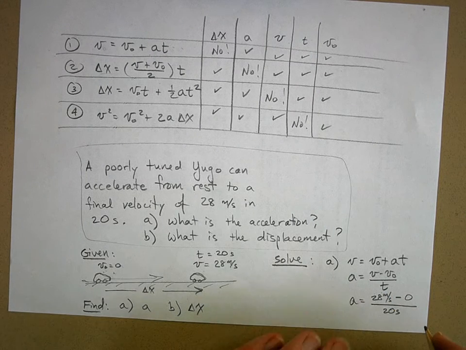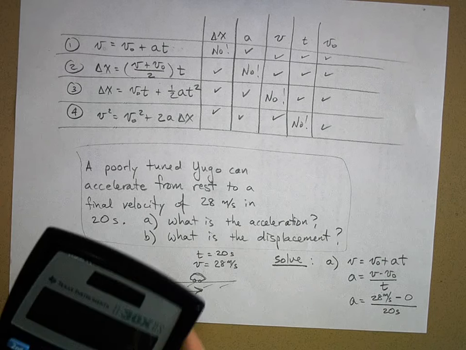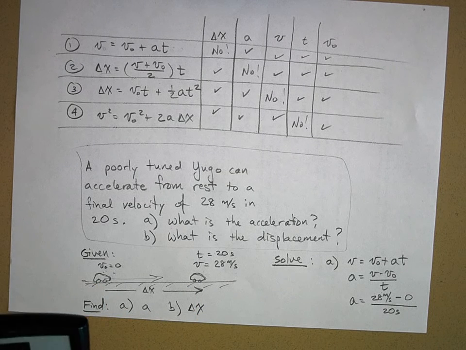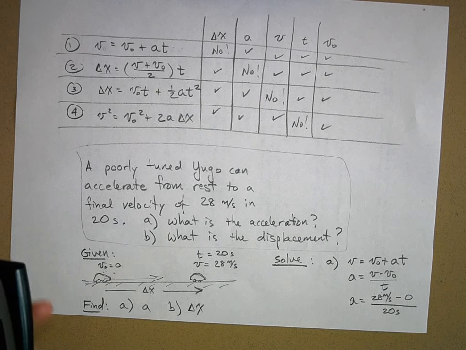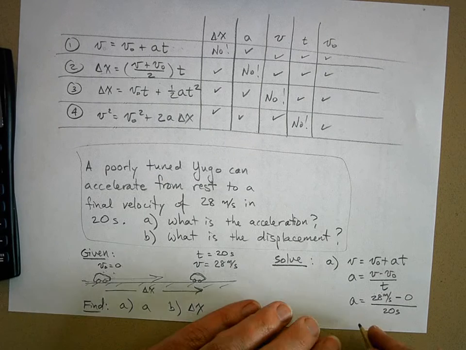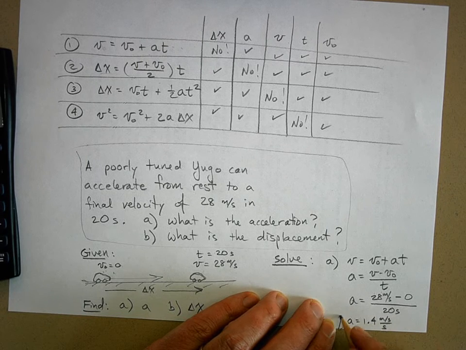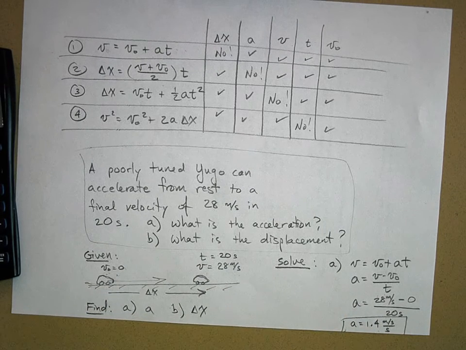And then you get your calculator out. So let's see. 28 divided by 20 equals 1.4. Meters per second every second, and that's my answer. Or you can put meters per second squared if you prefer.